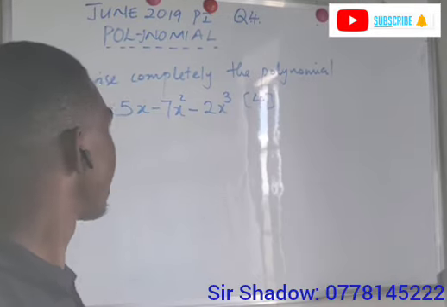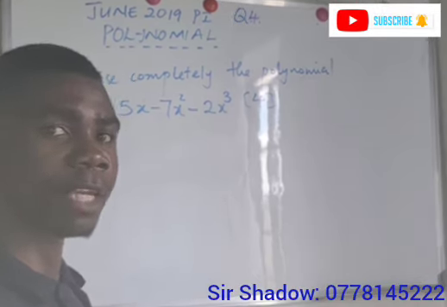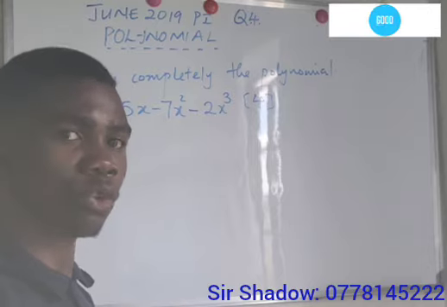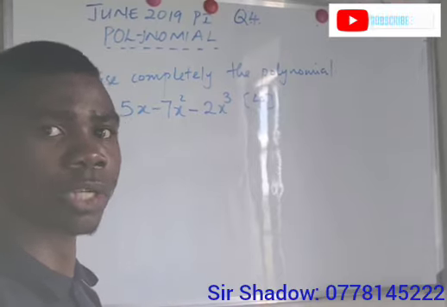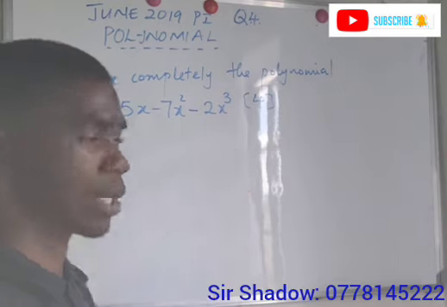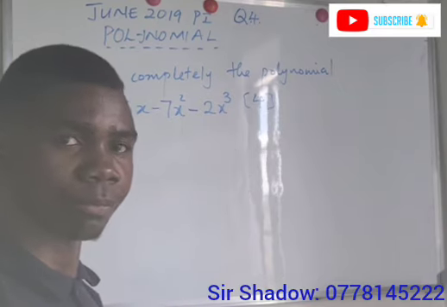We are given 4 plus 5x minus 7x squared minus 2x cubed, and we are asked to factorize it completely. 4 marks are awarded for this question.